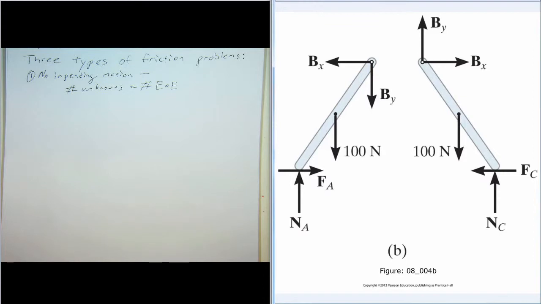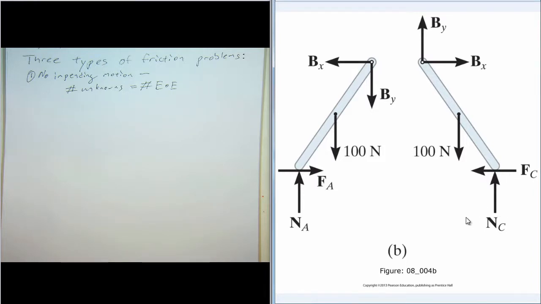So here are the free body diagrams for that example problem. We have 6 unknown values, and with 2 rigid bodies, that means we have 6 equations. 2 times 3, 6 equations. So we can solve for all these unknown values using just the equations of equilibrium.